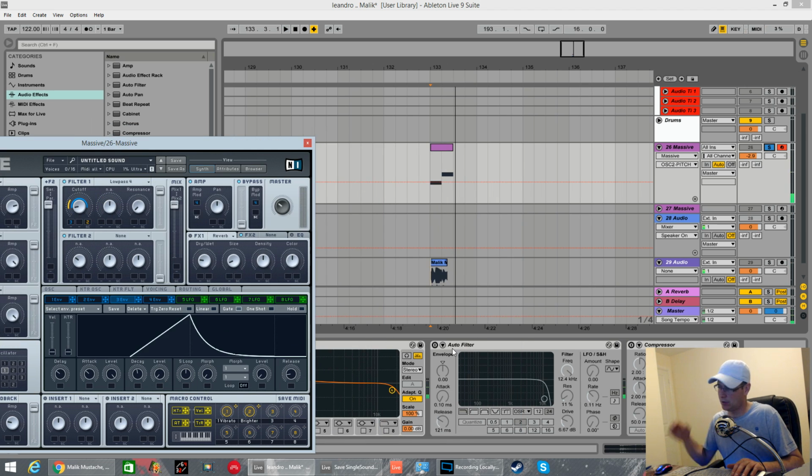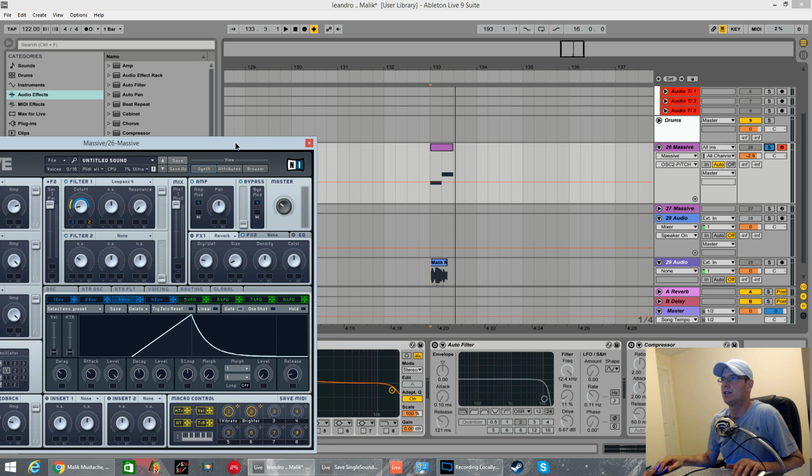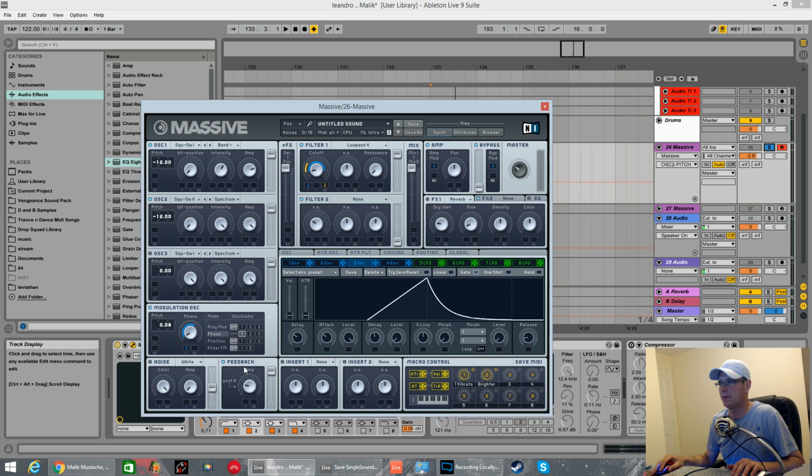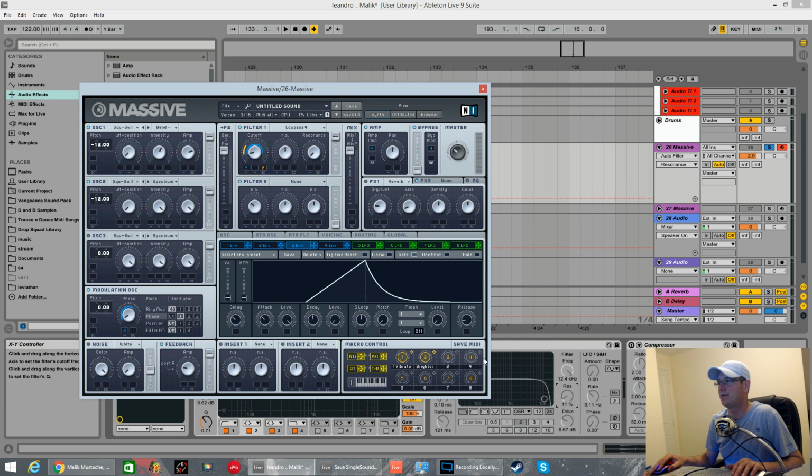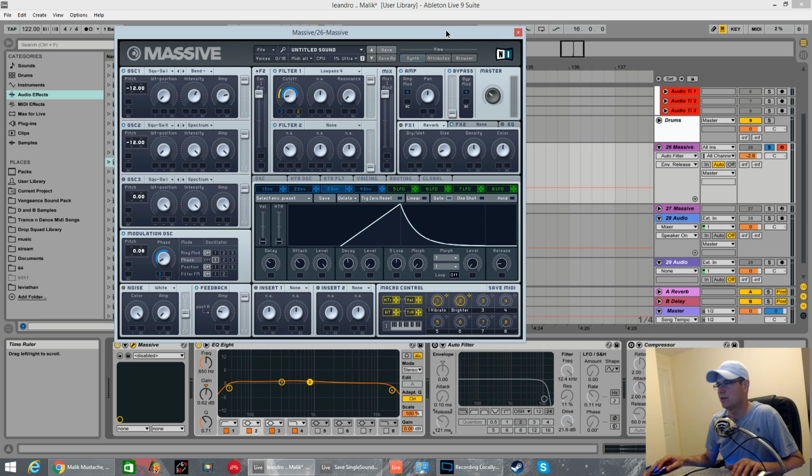So yeah, then all I did was apply this auto filter. There is no sort of drive function inside Massive. You've got the feedback, but it really does distort quite a lot. What a drive or an overdrive in a filter does is it loops the signal back into itself, but it emulates old filters where the circuits were driven and you got a lot of nice artifacts and it warmed the sound up.